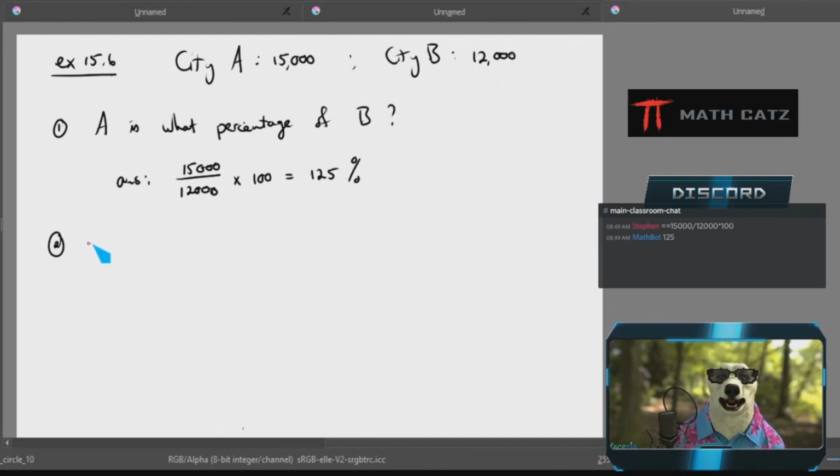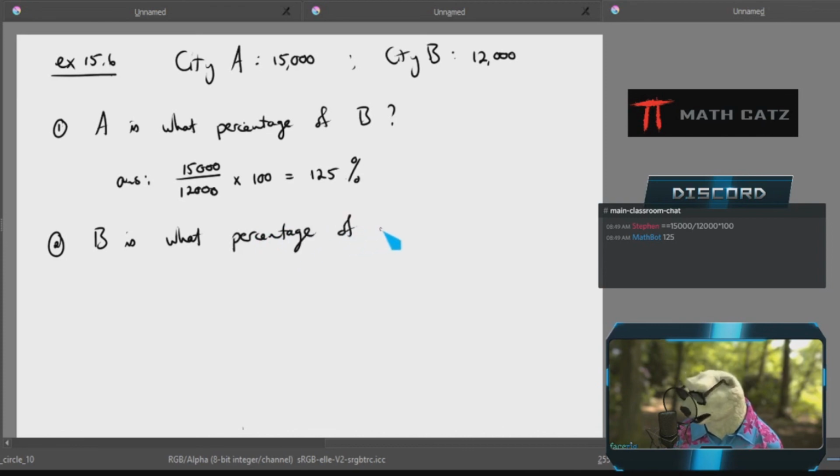Then the second one is just flipped around. B is what percentage of A? Very similar, it's just a question of what goes where. Which one relative to which one? B is relative to A, so it's like B is new and A is original.